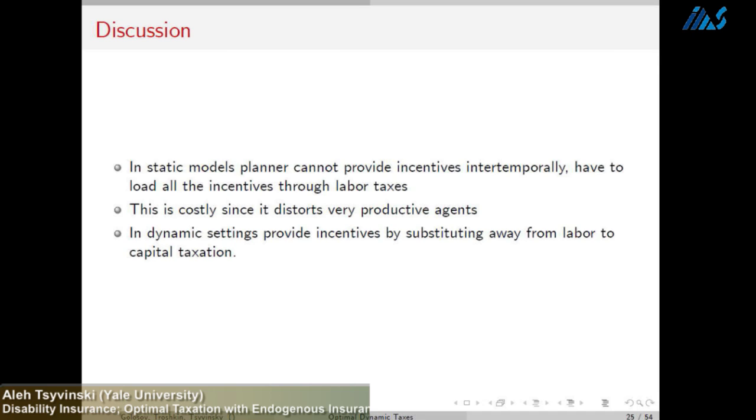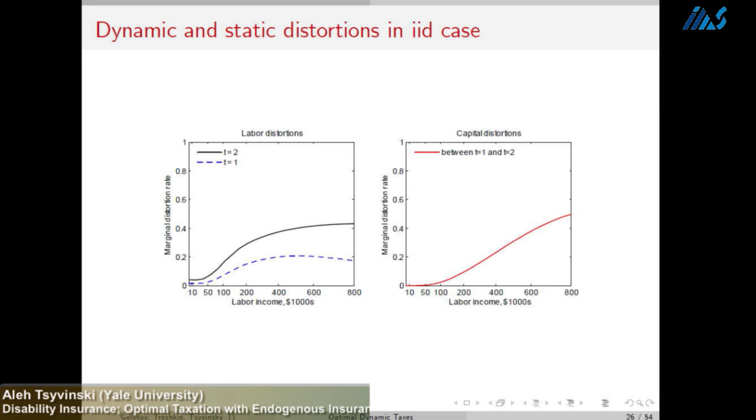Maybe that's a better answer to Don's question. Instead of having a very high labor tax, I can just substitute a part of it with the capital tax. So let me first show the solution, which is somewhat similar to Science's solution. Slightly different numbers, but this is labor distortions.